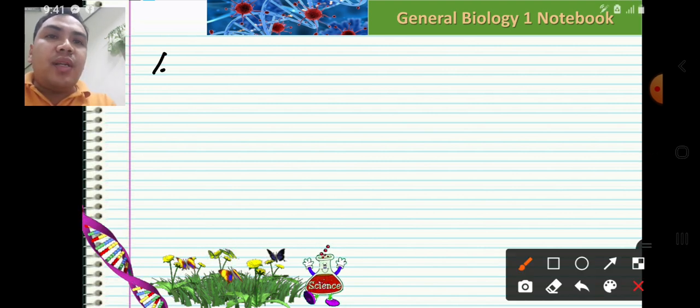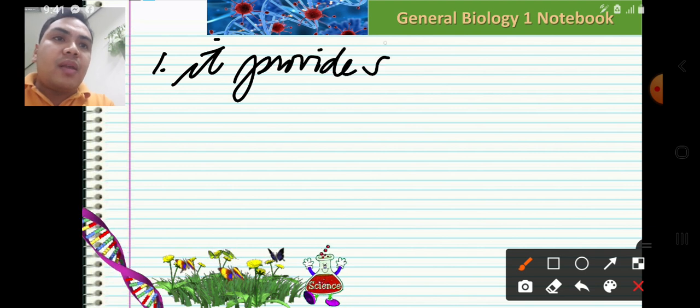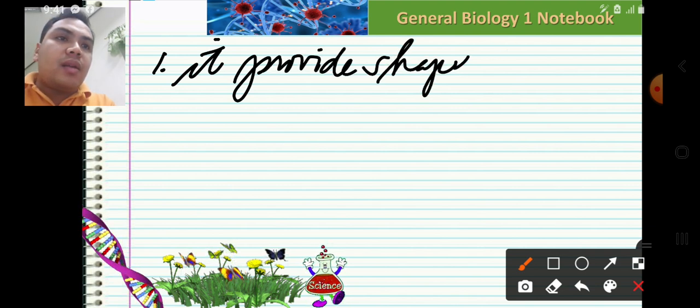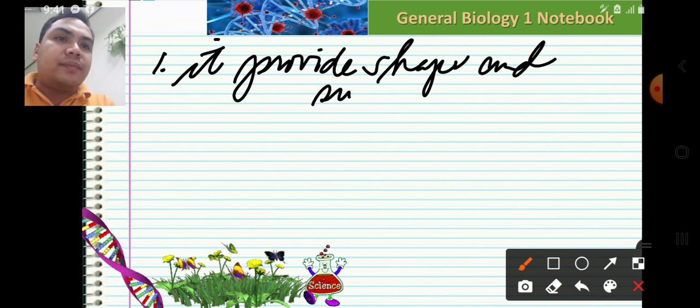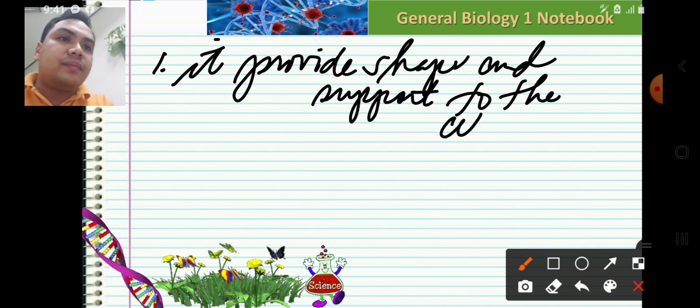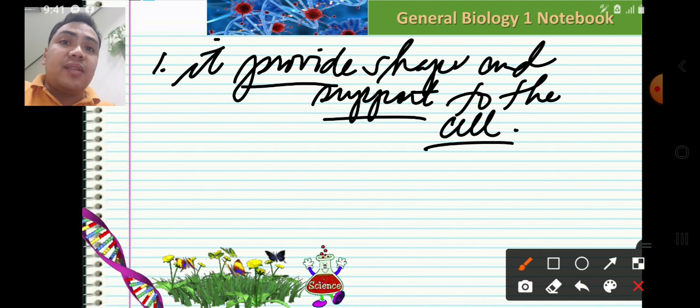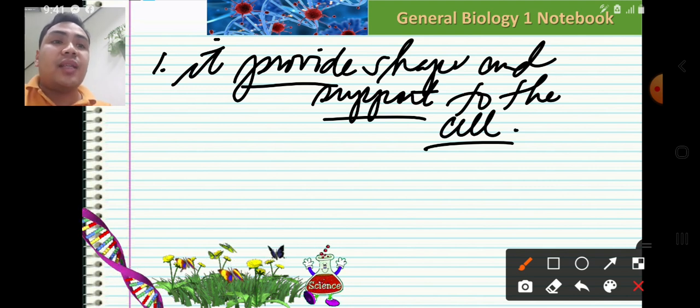So for number 1, its major function is that it provides shape and support to the cell. Okay? So different types of cell have different shapes, and these shapes actually came from the microtubules. In addition to that, it supports the other organelles.